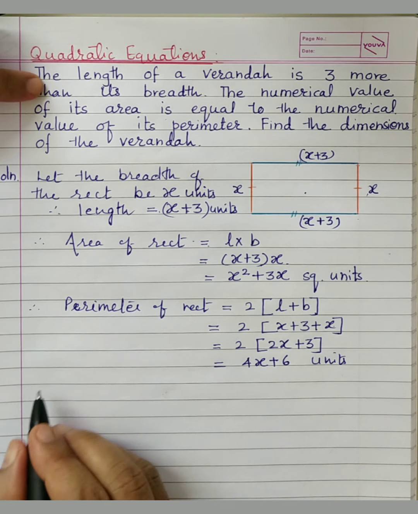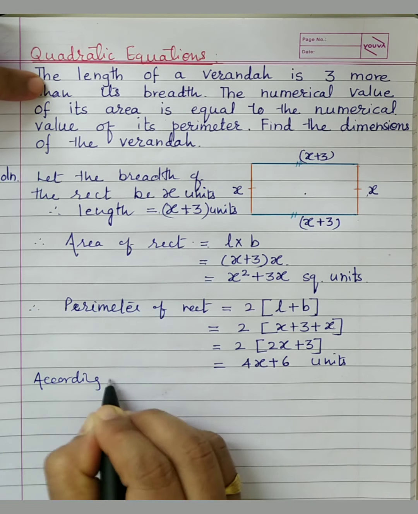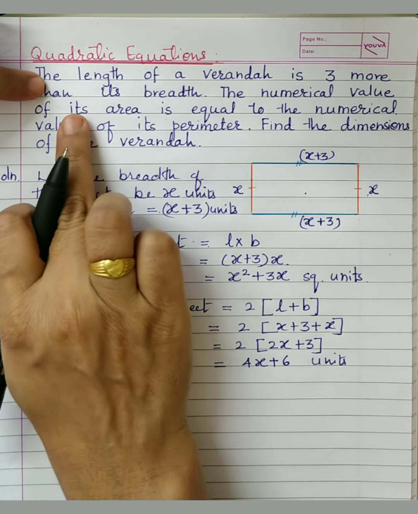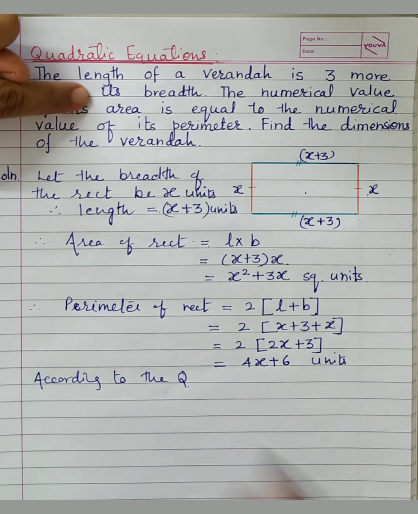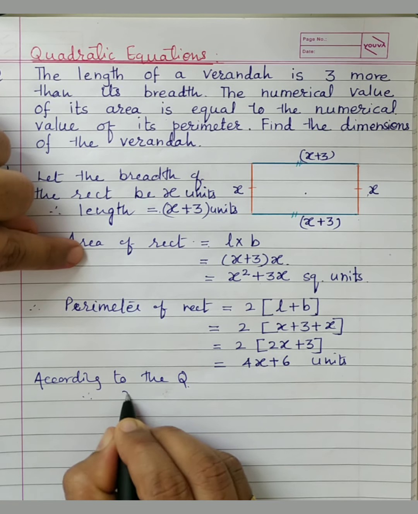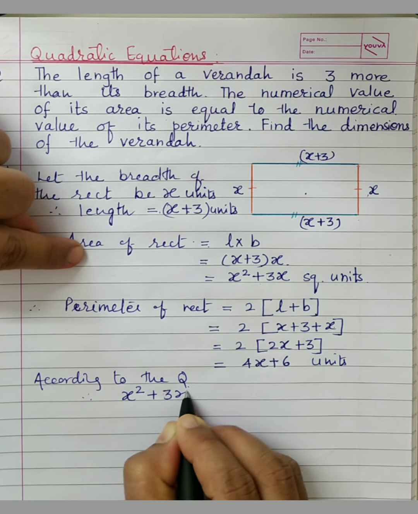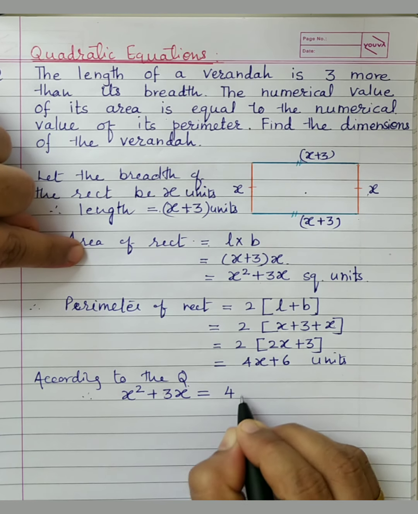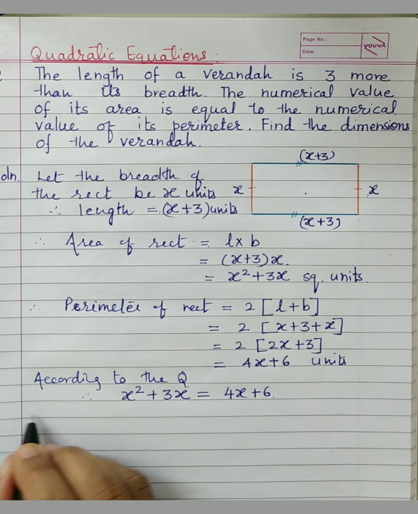Now according to the question, what is given? Numerical value of area is equal to numerical value of the perimeter. This gives you the equation. What is the numerical value of area? x square plus 3x. This is equal to the numerical value of the perimeter, 4x plus 6. You got an equation.